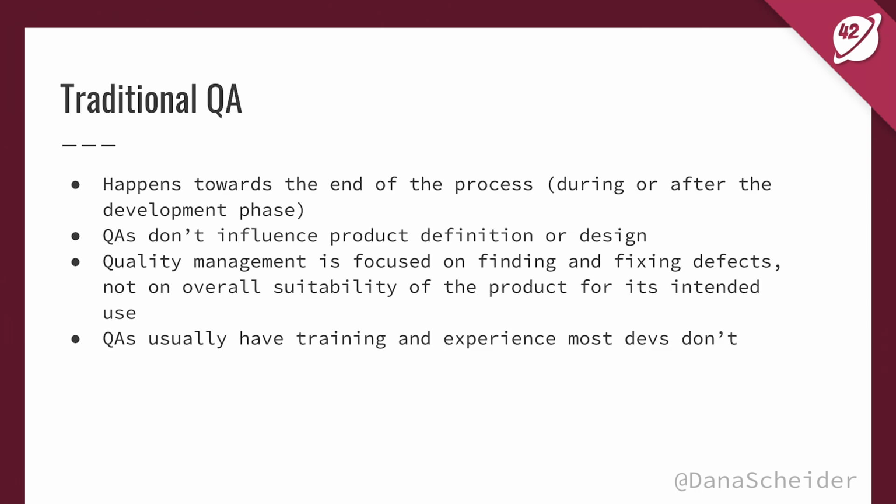Sometimes they'll check up on security things like that the page still requires HTTPS if it's a web app, that kind of thing. But mostly they're focused on keeping things bug-free and aren't involved in defining those quality attributes that may matter to the customer or designing the product.